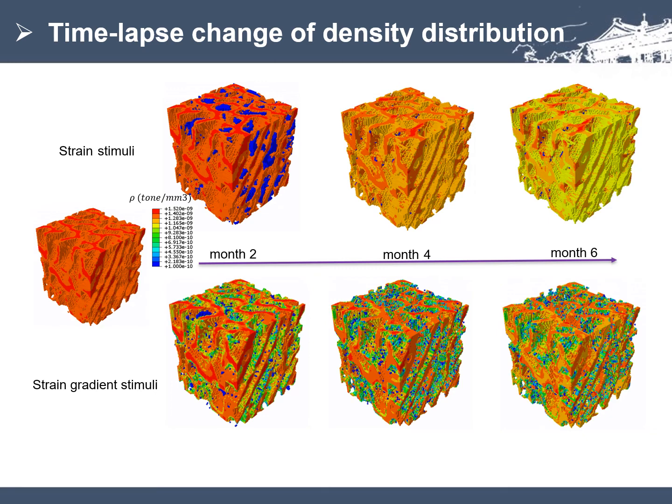Just by visualizing the result from the strain stimuli at a very early stage, many low-density newly formed bone regions can be observed, and as the simulation time goes on, the density continues gradually decreasing.